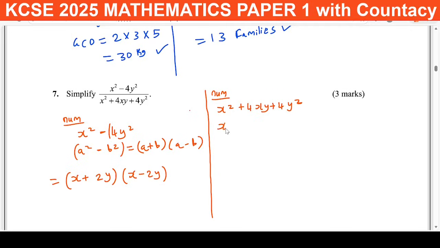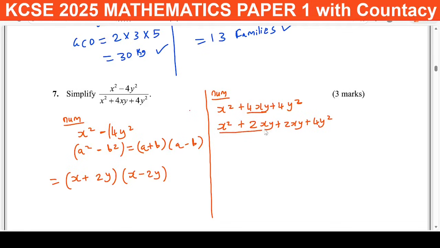So we pick x squared, and instead of writing 4xy, we write 2xy plus 2xy. This doesn't change the value, because 2xy plus 2xy is equivalent to 4xy. It is only that we have expanded it a bit so that we are able to do some factorization.